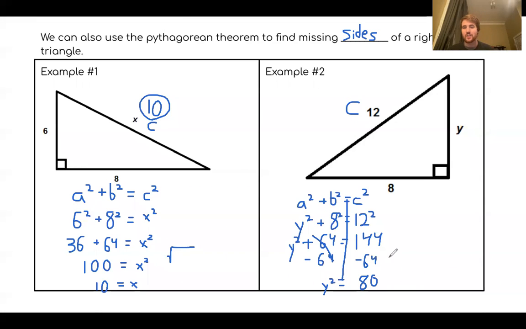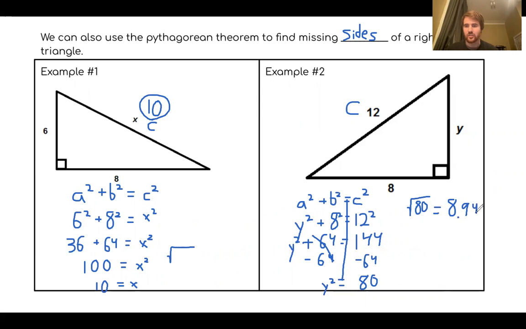Now, again, this is where we need to use the square root. What is the square root of 80? I don't know this off the top of my head. It's probably going to be a decimal. So I'm going to get out my calculator and do the square root of 80, which it tells me equals 8.94. It's a decimal that goes on for a long time.